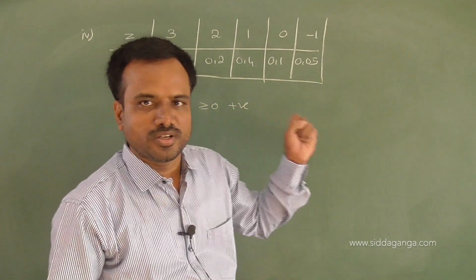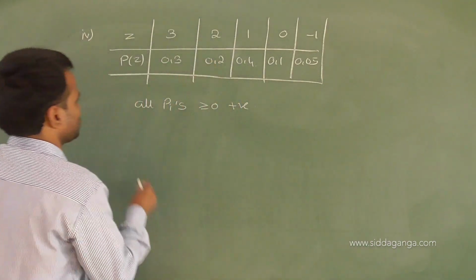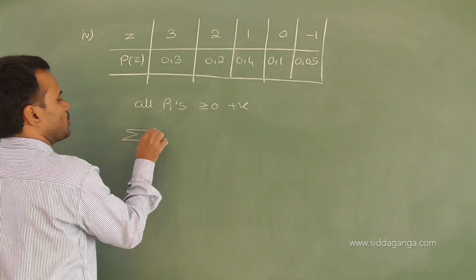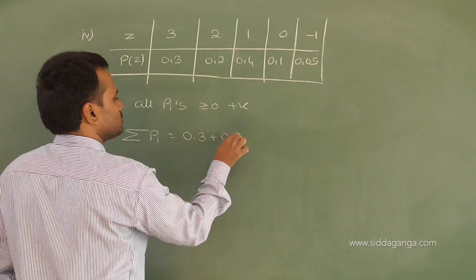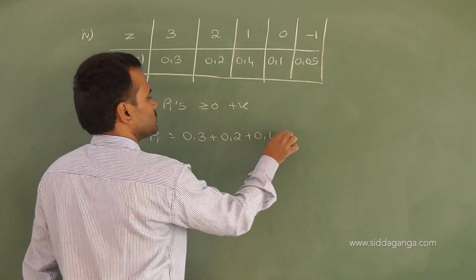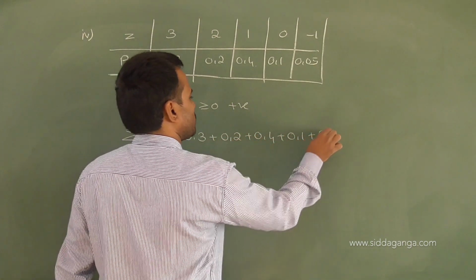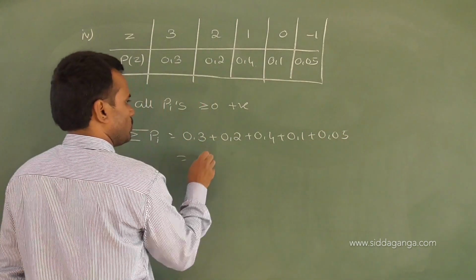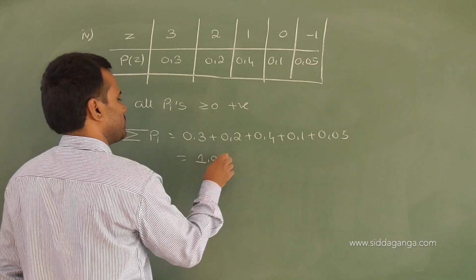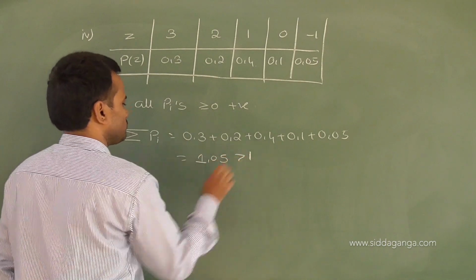First condition satisfies. Second condition, summation of Pi, plus 0.05, so 1.05, greater than 1.